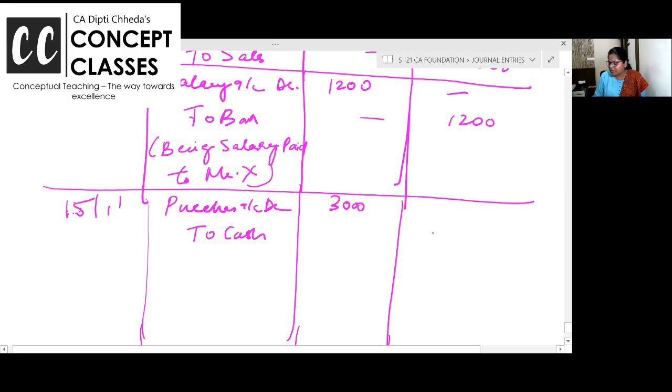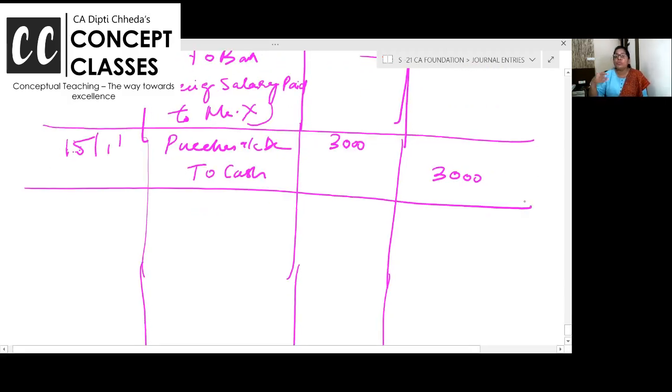To cash. Mukherjee will not come. Don't write the name. Purchase to Mukherjee will come when we are liable to pay to Mukherjee's personal account. We have purchased the goods from Mukherjee, but against that cash is going out. So don't write Mukherjee's account. You can write that in the narration, being goods purchased from Mukherjee.